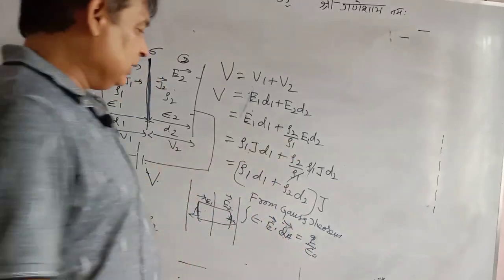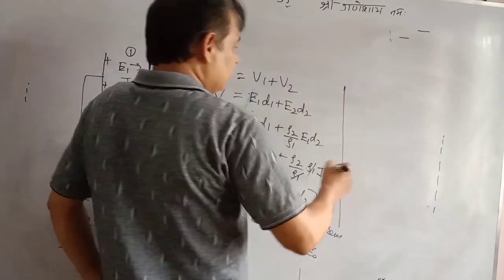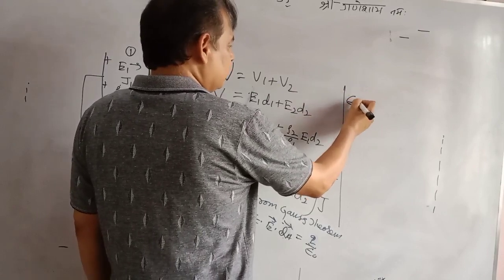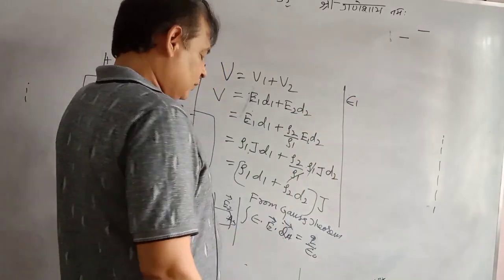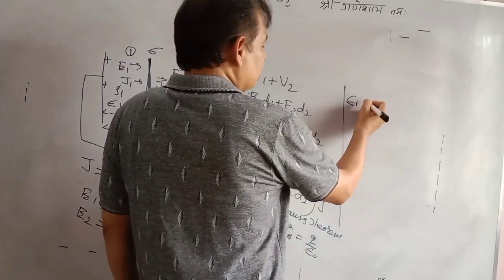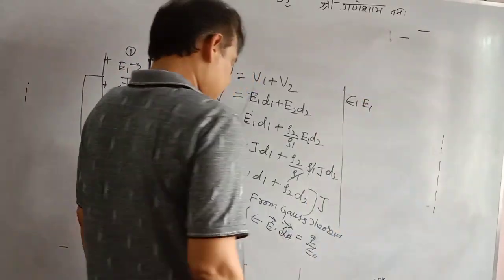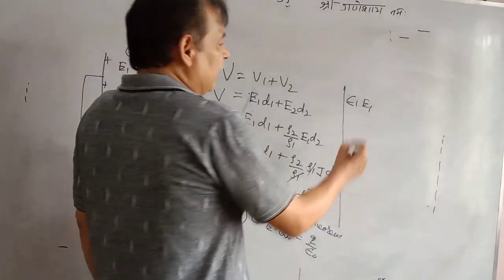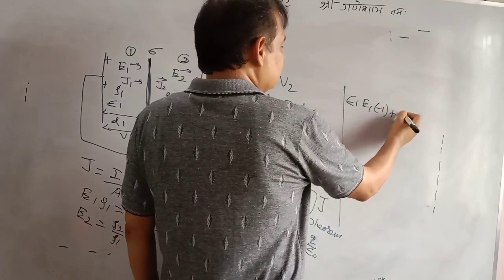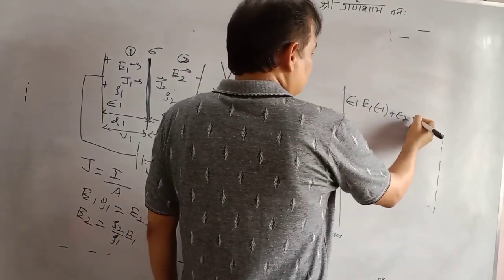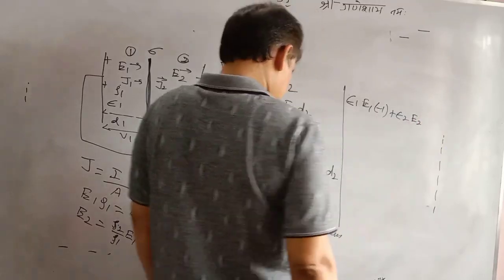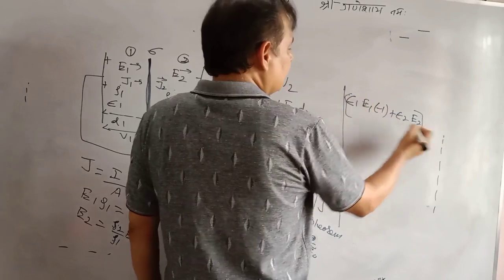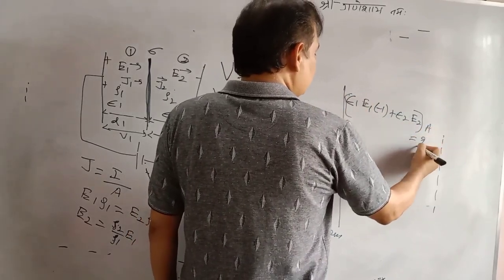This can be written down here as epsilon1 E1, here cos theta will be cos 180, that is negative, so minus 1, plus epsilon2 E2, times area, equals Q by epsilon naught.